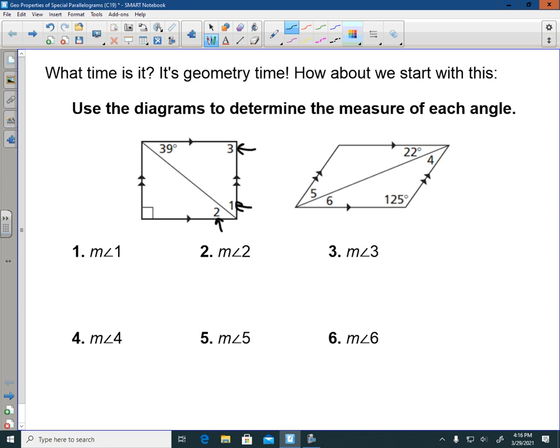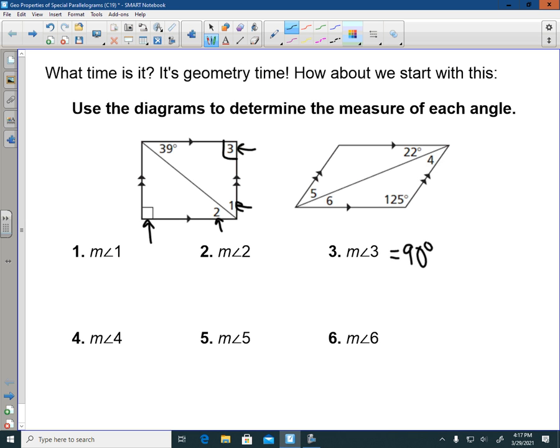Because this is a parallelogram, I know that opposite angles are congruent. So if this angle here is 90 degrees, then angle 3 must also be 90 degrees. All of a sudden I can get the measure of angle 3. Sometimes you don't want to start with number 1 and then work to number 2. Sometimes later on, like 3 is more obvious, and so that's why I started there.